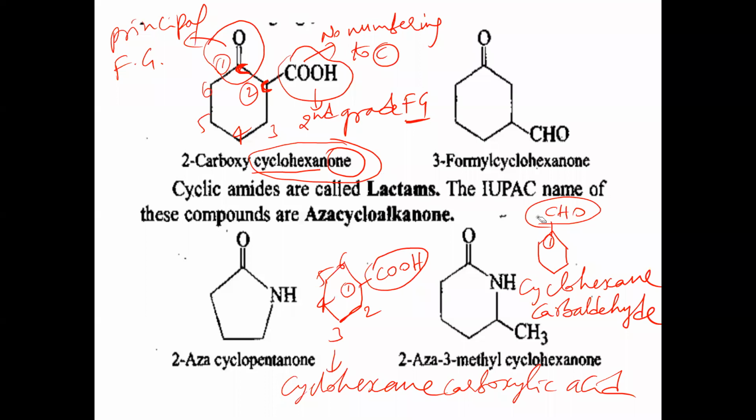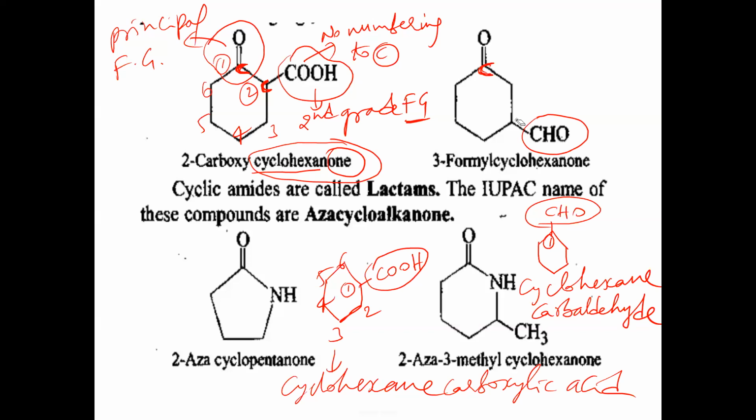Okay, next. Now in this case, how many carbon atoms does the ring contain? 6 carbon atoms. Here, one of the carbons is a ketone. So it is within the ring here. This carbon of the ketone is within the ring, remember, and the CHO is attached to the ring.